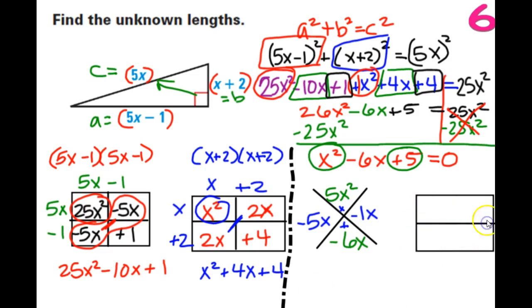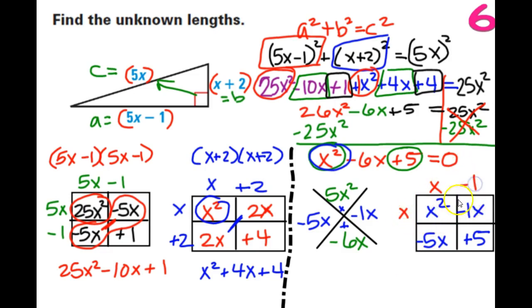Then use your box. We have a negative 5x and a negative 1x in our diagonal here. First term was x squared. Last term was 5. So we just need to factor what multiplies to get x squared. Well, x times x.